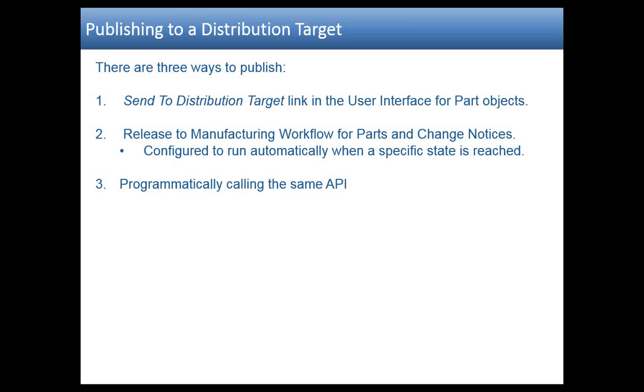Once the object has reached that lifecycle state, the integration process will start automatically in the background. Mostly it is the releasing workflows, the promotion request, promotion process. At the end of the promotion process, the data will publish to the ERP, and upon completion of an engineering change notice.